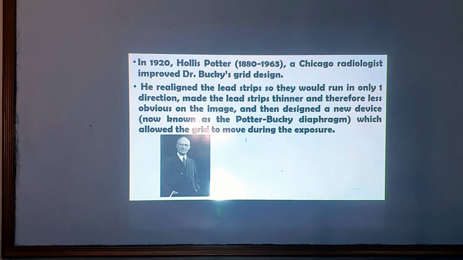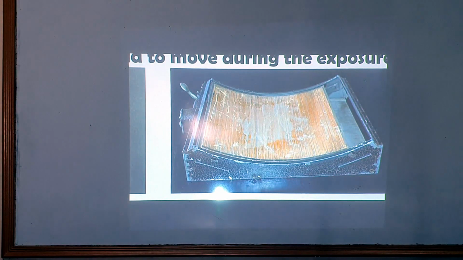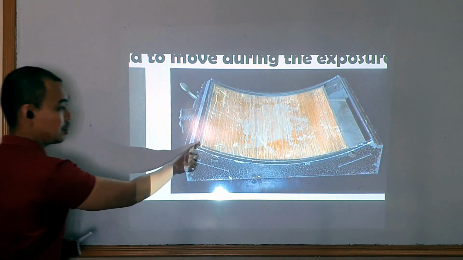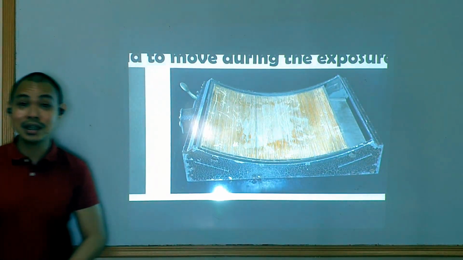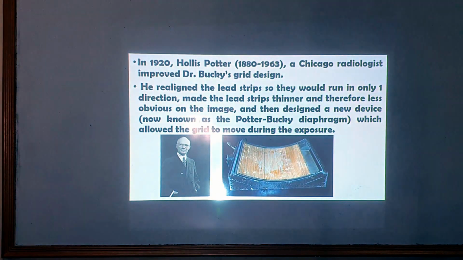And then designed a new device which is known as the Potter-Bucky diaphragm, which allowed the grid to move during the exposure. So it looks like this. Thinner, 1 direction, less obvious in your radiographic image.